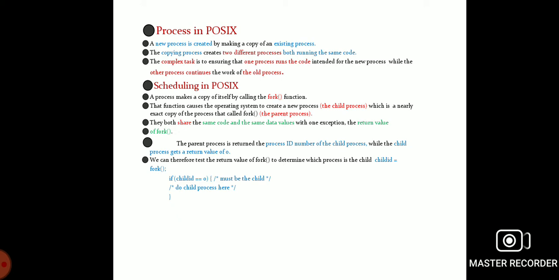So if child ID is equal to 0, the execution process is the child, or child arrangement or priority execution. This exits with 1.